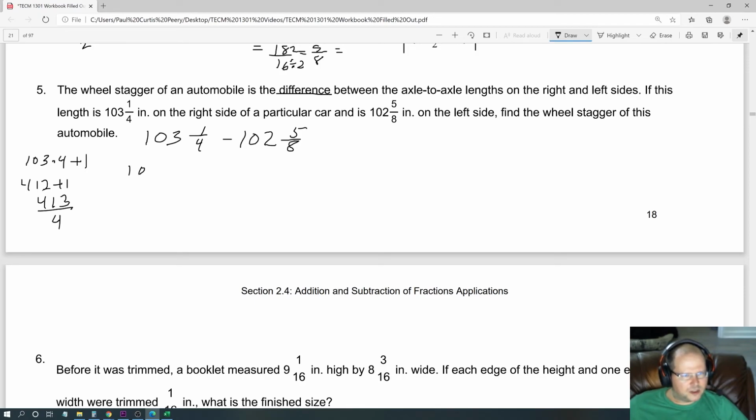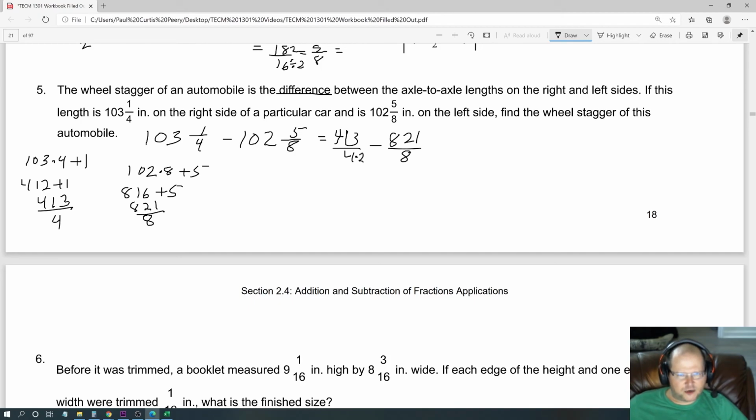Next one's going to be 102 times 8 plus 5. 102 times 8 is 816, plus 5 is 821 over 8, like that. So we just rewrite our original problem as 413 over 4 minus 821 eighths.